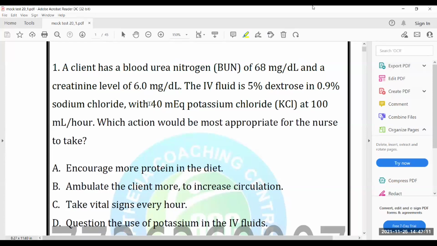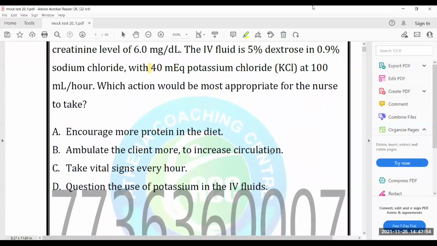And question the use of potassium in the fluid. Here the nurse has used 40 milliequivalent potassium diluted in the saline. Potassium should never be given at this particular moment. Why is potassium wrong here? Because the patient has a renal problem, so potassium should never be administered. So the answer is to question the use of potassium in the fluid.